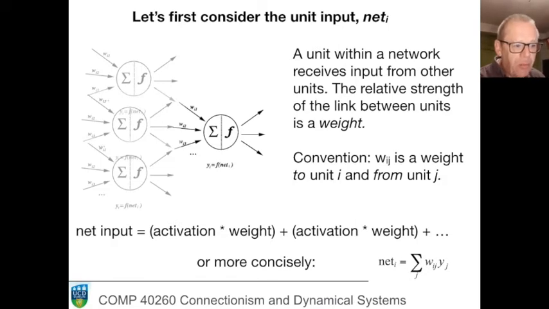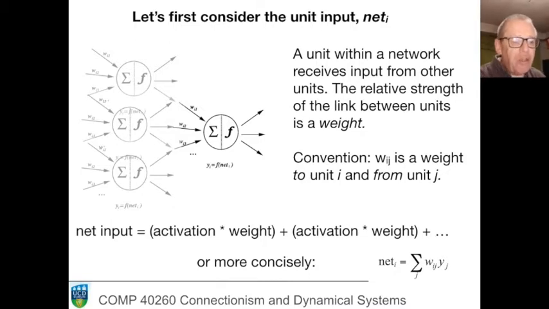Let's go over that in some detail. To calculate its net input, the unit must be conceived of as sitting within a network and receiving values, activation values, from other units. Old habits die hard.